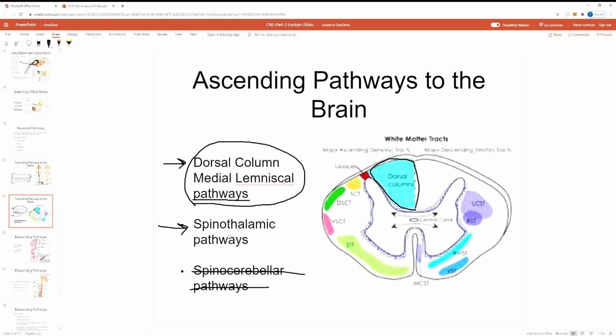So if I ask you, a patient has a posterior cord injury and the dorsal, I'll explain what that means. You don't need to diagnose them. And that means that the dorsal column medial lemniscal pathway has been damaged, I won't even say what side, just it's been damaged. What would they not be able to do?